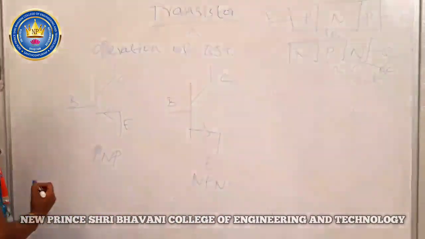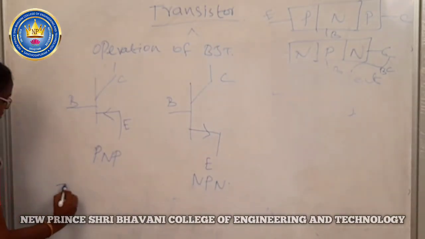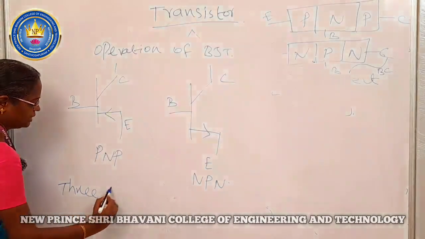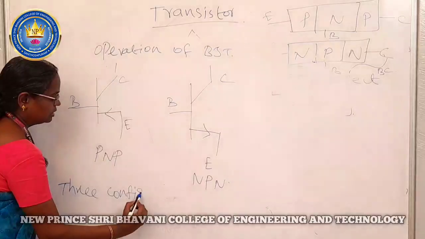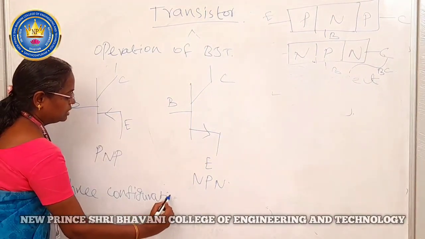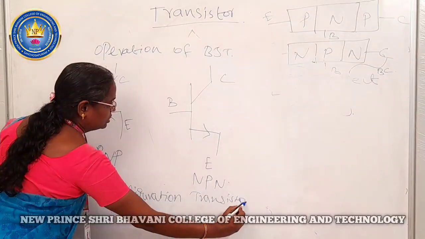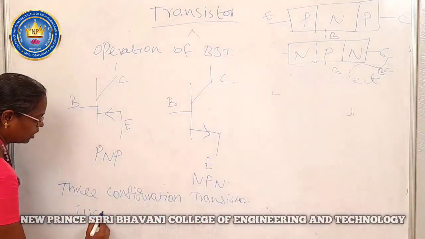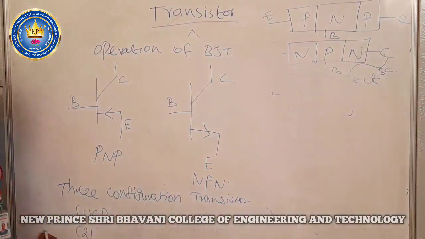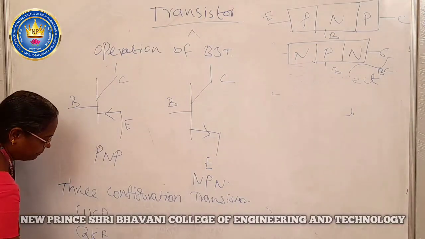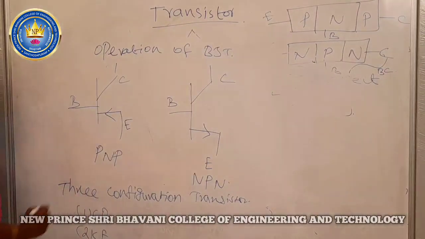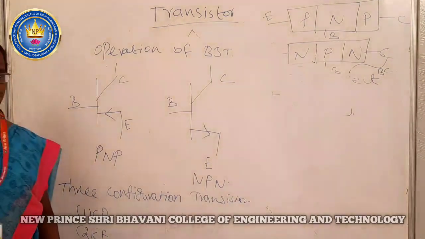It is mainly classified into 3 types. 3 configurations are available in a transistor. The first one is common base configuration, the second one is common emitter, and the third one is common collector configuration.